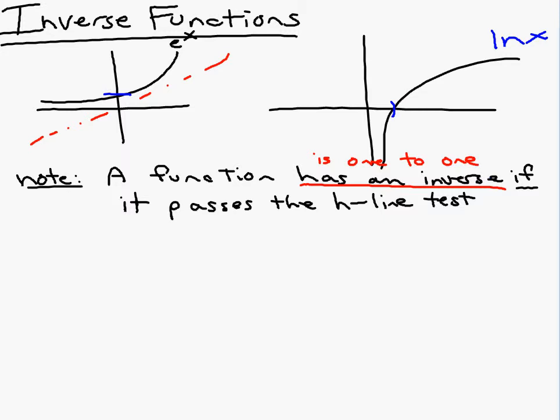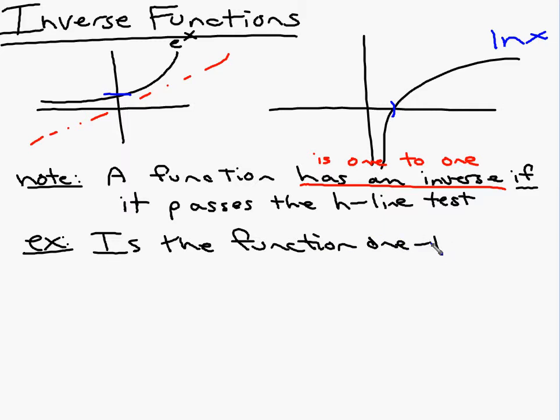And if they ask you, for example, is the function one-to-one, then they're asking you, does it have an inverse? All right? Which means, does it pass the horizontal line test?